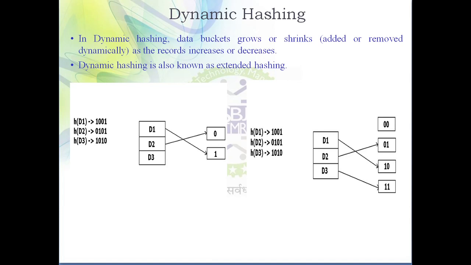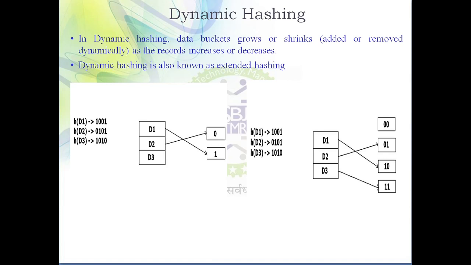In the same way, in static hashing, we have seen the number of buckets is fixed, and the hash function is fixed. But in dynamic hashing, the number of buckets can be changed at runtime.